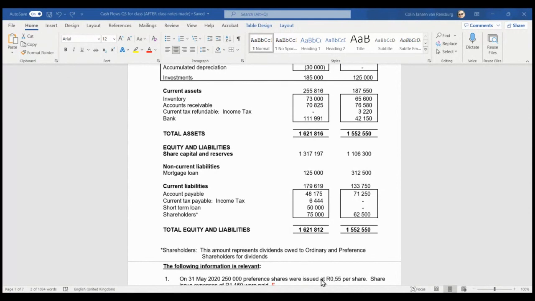But at the end of the year, so this is a little bit tricky, that balance is zero. But, big but, under our current liabilities, we now have current tax payable for income tax, right?